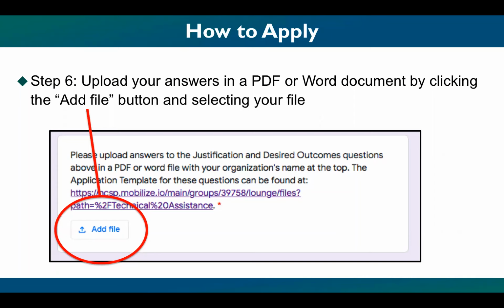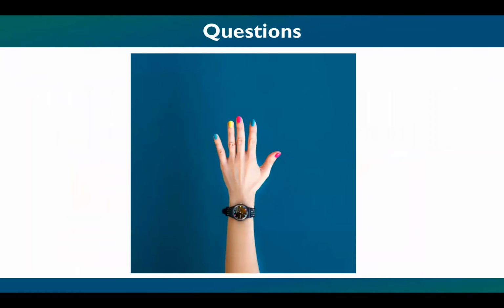And once you've completed that, then go to the application, finish the application, upload the document with your answers to the narrative questions, and then submit the application. After that, you'll be able to change anything you want in the application if you want to, except for the uploaded document.